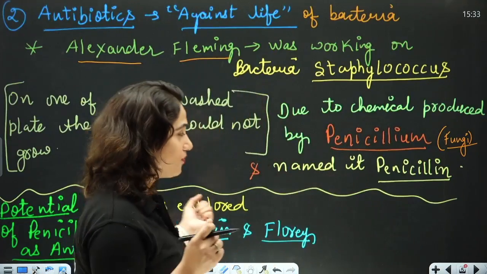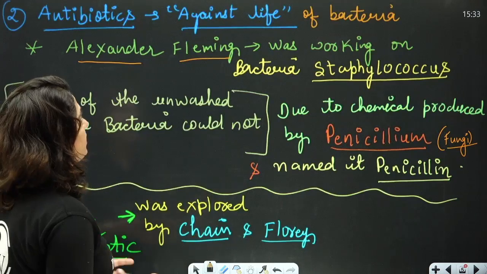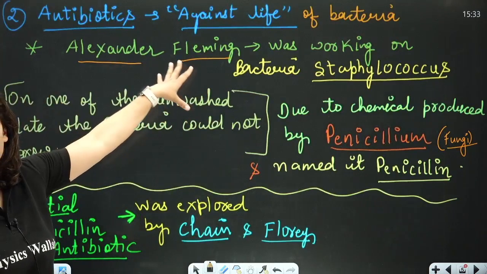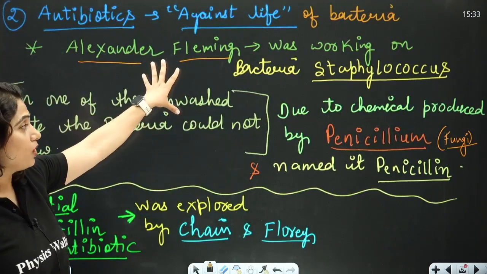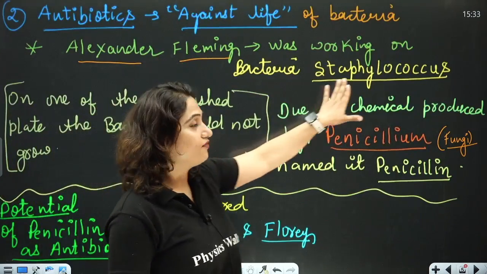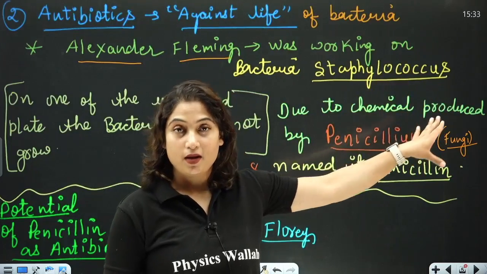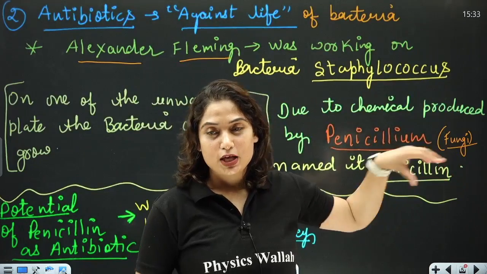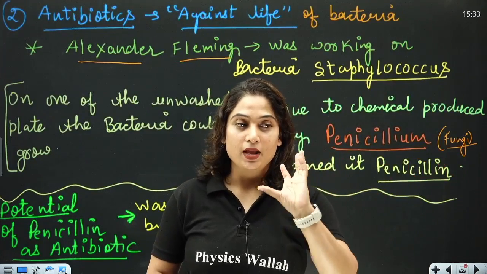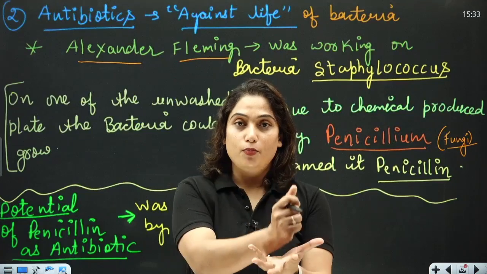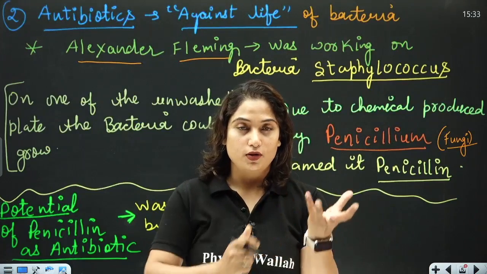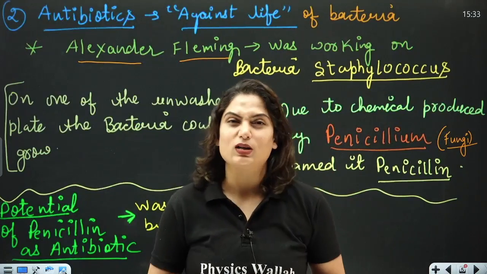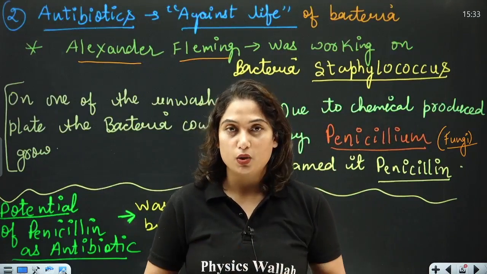So how was the antibiotic discovered? You must have heard the name of Alexander Fleming. Alexander Fleming was working on a bacteria, Staphylococcus. This is important. While he was working on the bacteria, he took a petri dish and poured his bacterial solution on the petri dish. But the petri dish was not clean, it was contaminated with fungi.